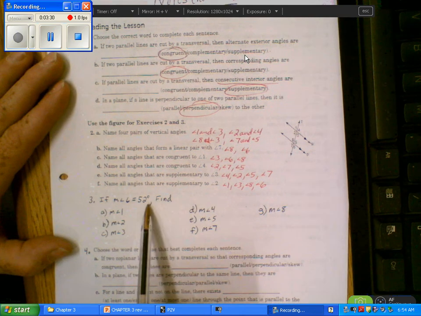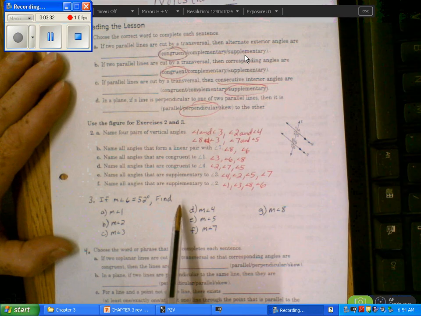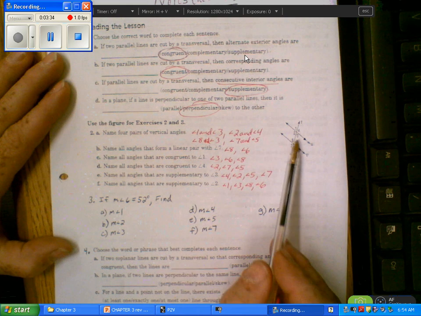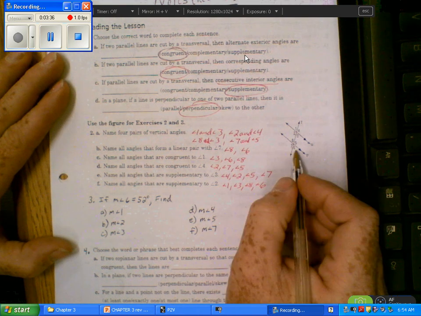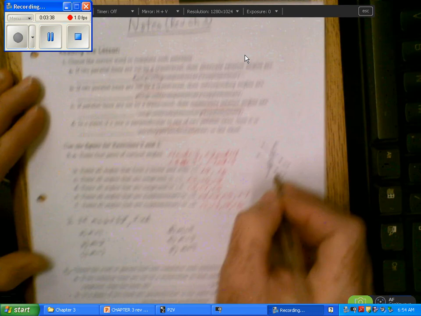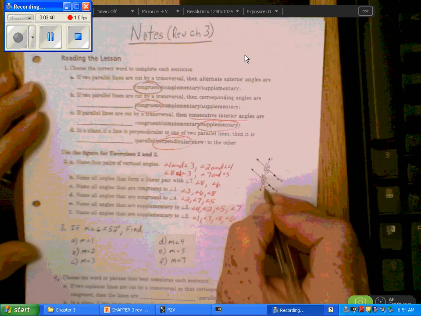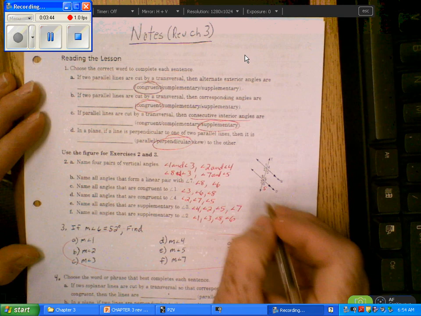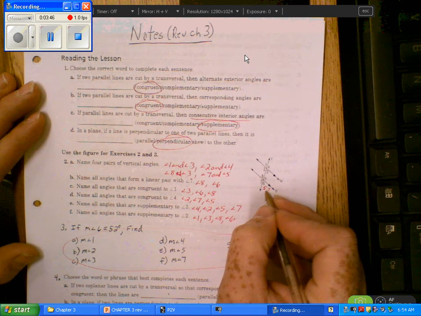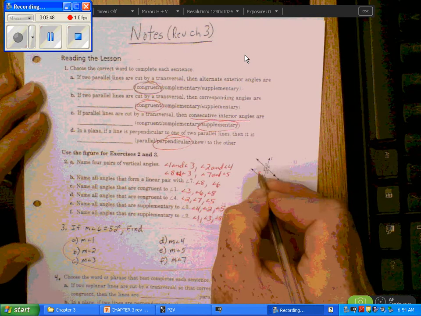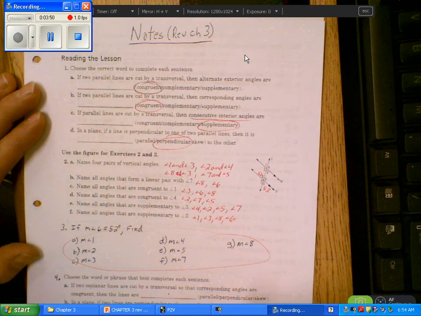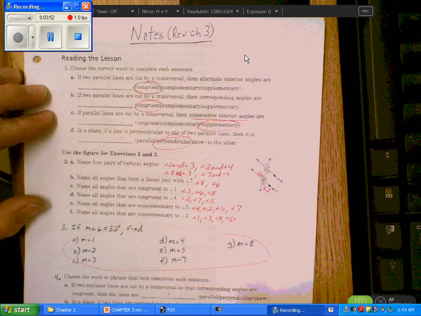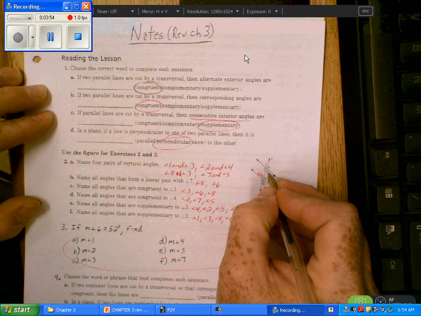The measure of angle 6 is 52 degrees. Find the rest of these angles. The measure of angle 6 is 52, and I'm just going to write them in up here, and you can fill them in down here after you get done. It's 52 degrees. Well, then angle 8 has to be 52. Angle 3 is also 52.